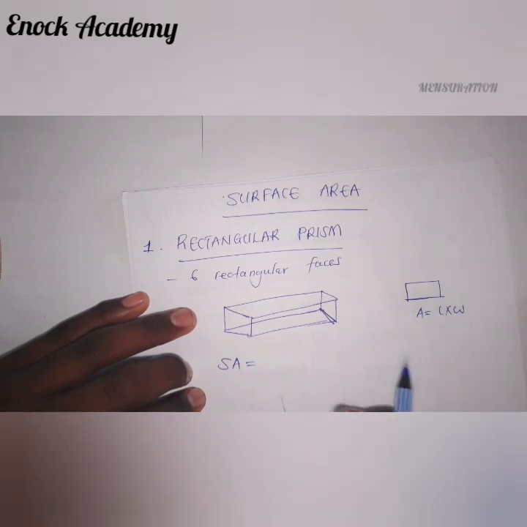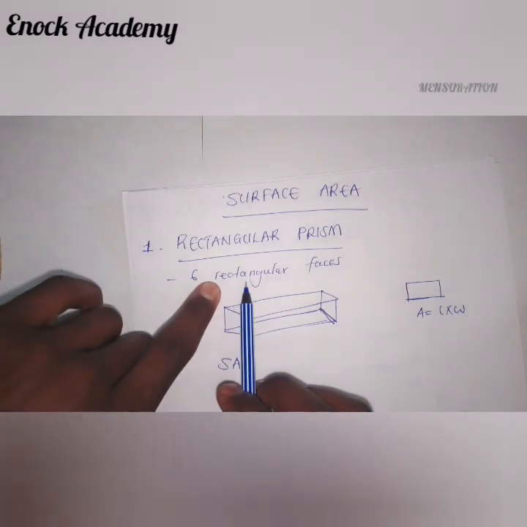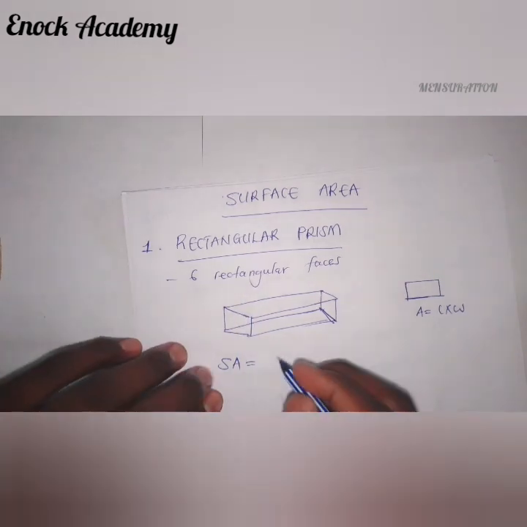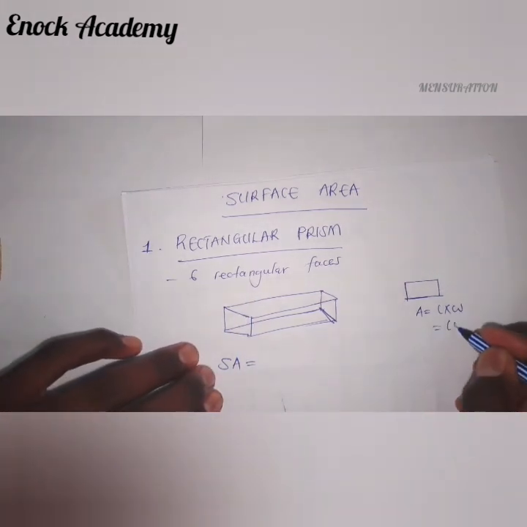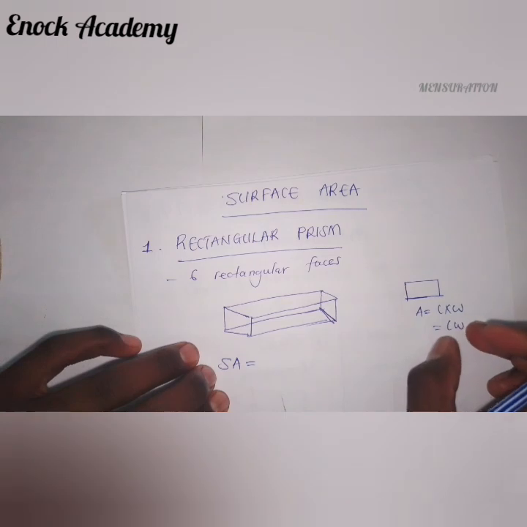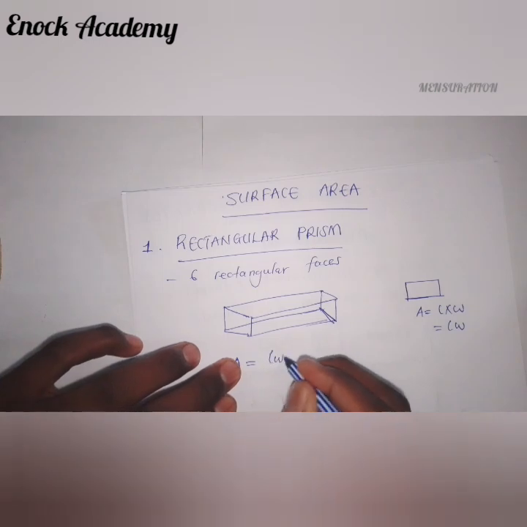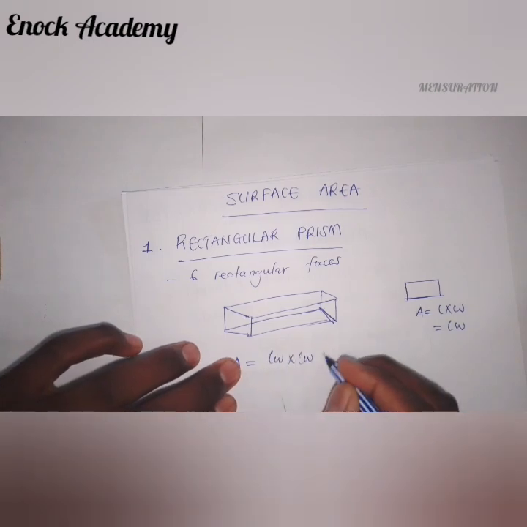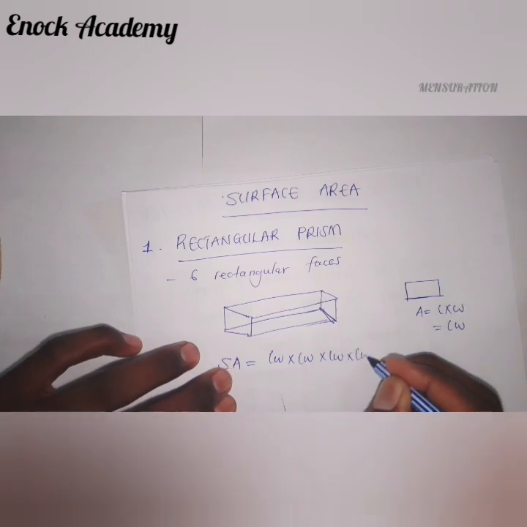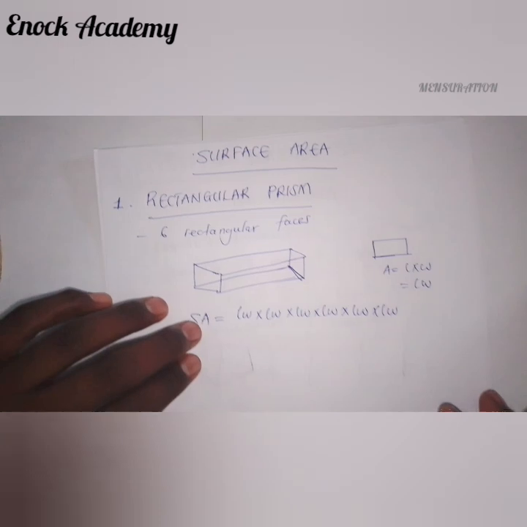Now we are saying we have got 6 rectangles, so we are going to have these LWs 6 times. So we're going to say LW plus LW plus LW plus LW plus LW, 1 2 3 4 5, plus LW.